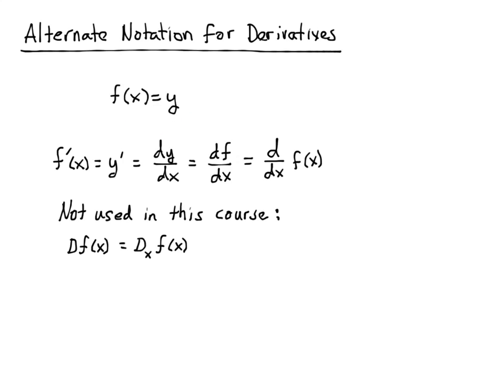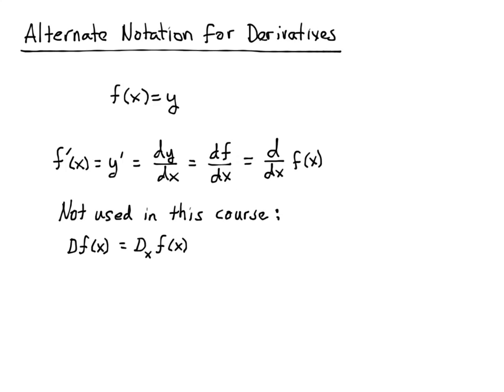Now there's two other notations that we have. One of them is the capital D f at x, and the other one is d sub x at f at x. The reason why they'll use a sub x is because later on you can talk about multivariable functions, where you have to specify what derivative you're taking. If you have a function like xy plus 2y squared plus 2x, you can take the derivative with respect to y or with respect to x.